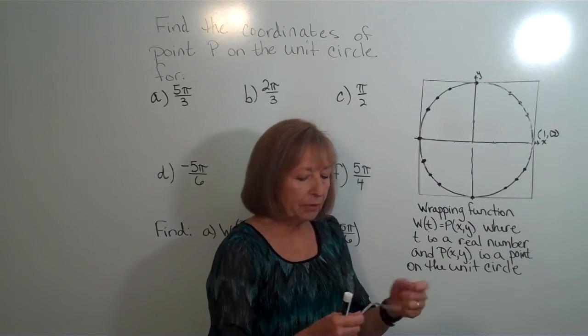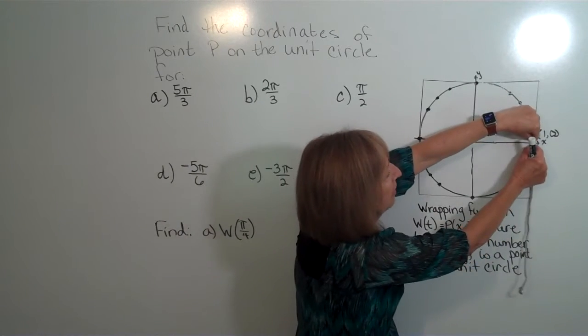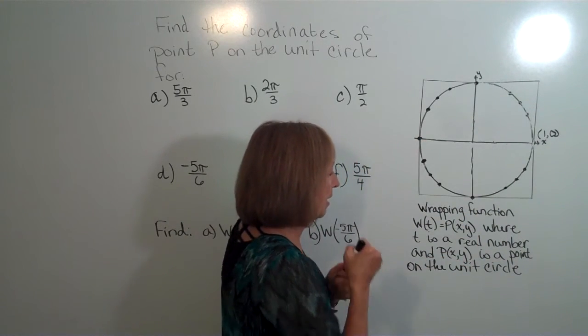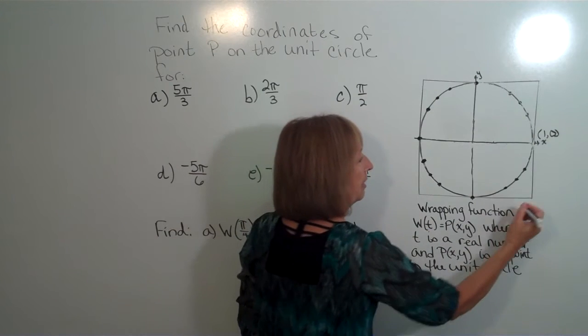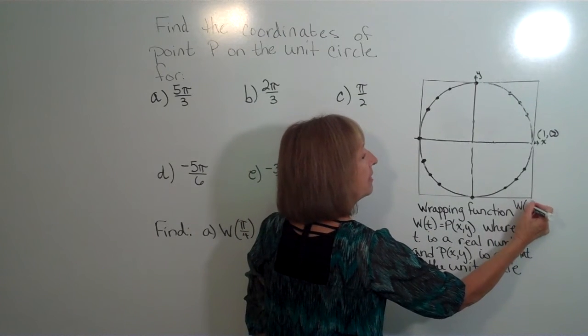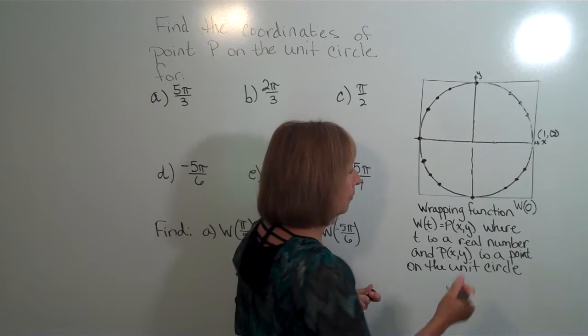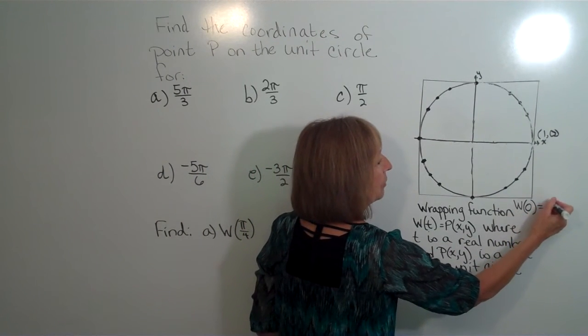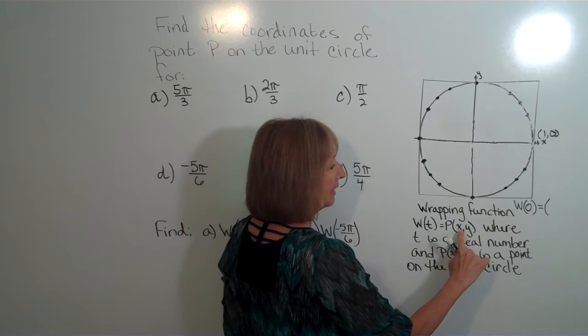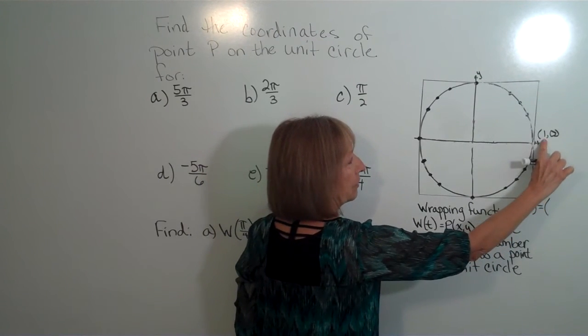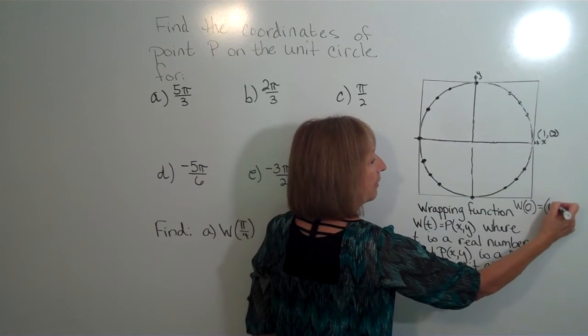So if my real number t is just 0, then my wrapping function of 0 is the t, the length on your real number, is equal to the ordered pair point, the x coordinate, comma the y coordinate. So that would be 1, 0.